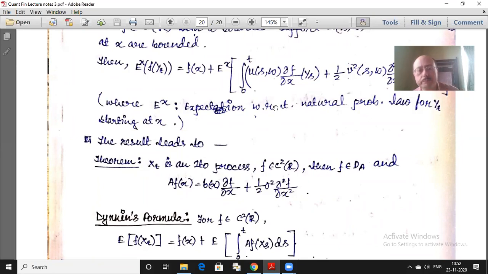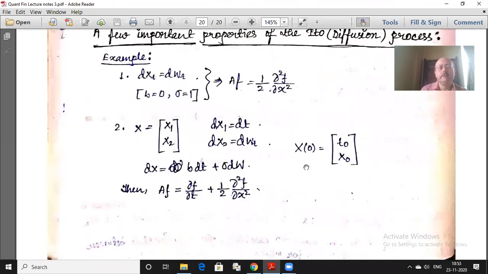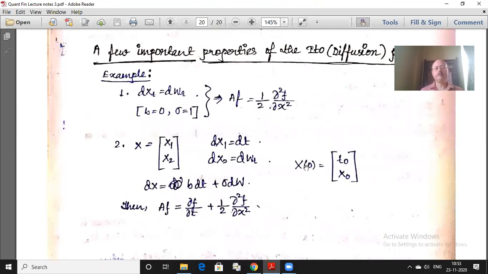So this is the first set of results, the Dynkin's formula and the generator. Before we move ahead, let us look at a few simple examples. These are really simple, but sometimes these examples essentially correspond to forward equations for futures or call options.